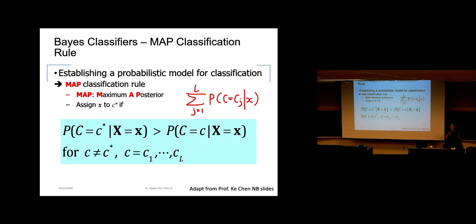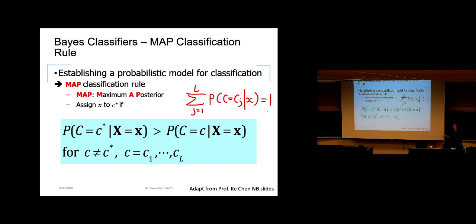Summation of P(C = c_j | X), j looping over 1 to L, which is what? 1. Because it's all the sample space, right? This is actually all the possible values.